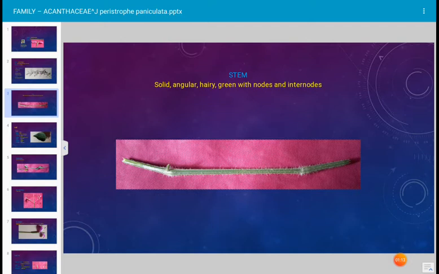In this photograph we have shown the stem, the nodes and internodes. The entire stem is covered with hairy trichomes and the stem is angular. It is 4-angled, hence it is a quadrangular stem. The upper part of the stem in the photograph is green, and it is a solid stem.